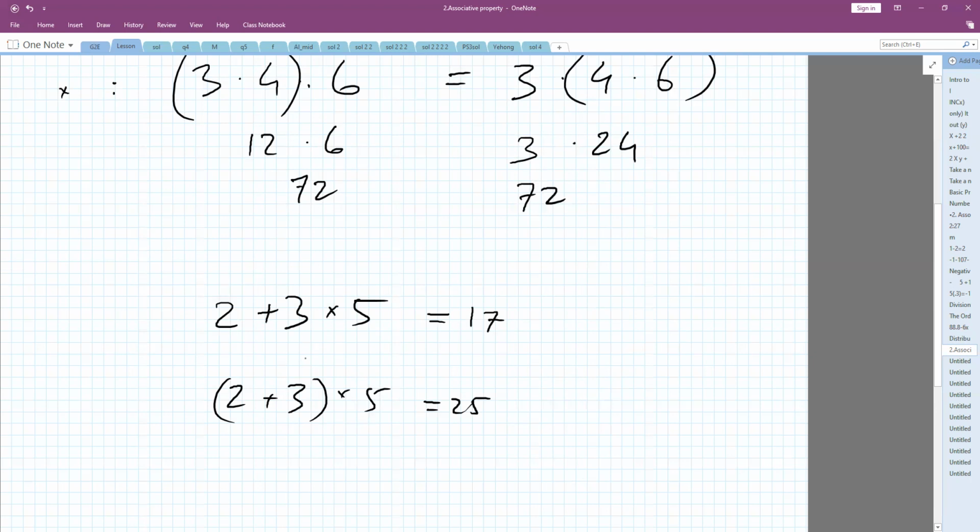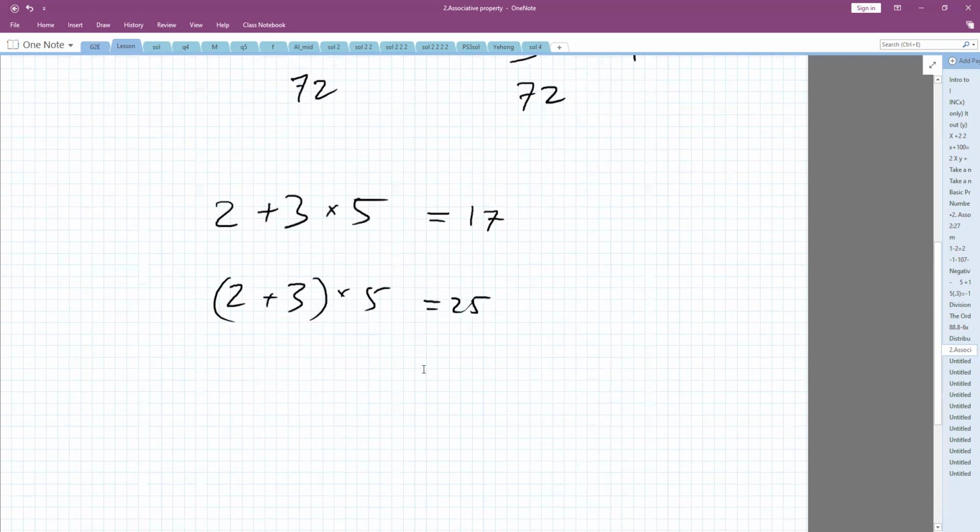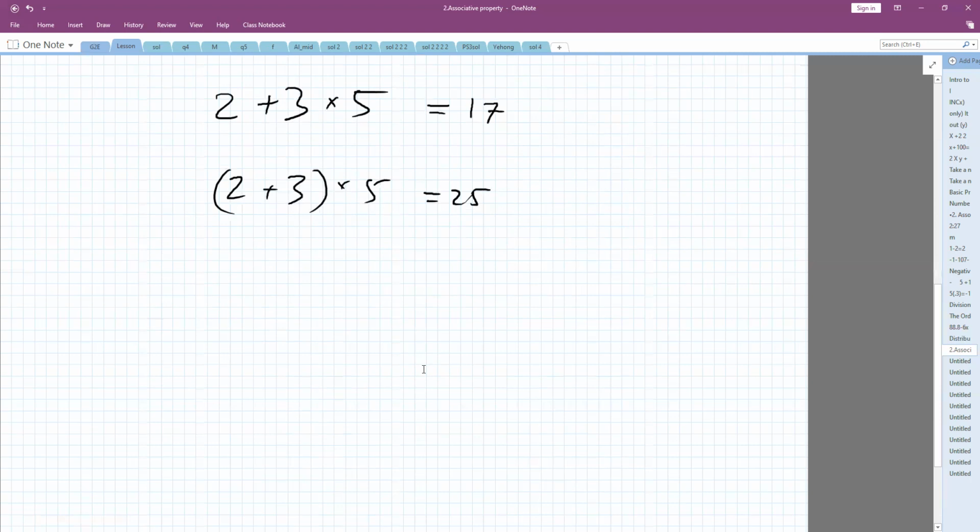multiplication. Normally, the multiplication will be done first if there is no bracket. Now look at this. The answer is 21.